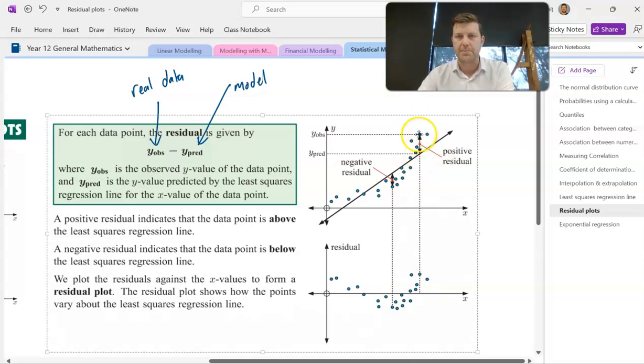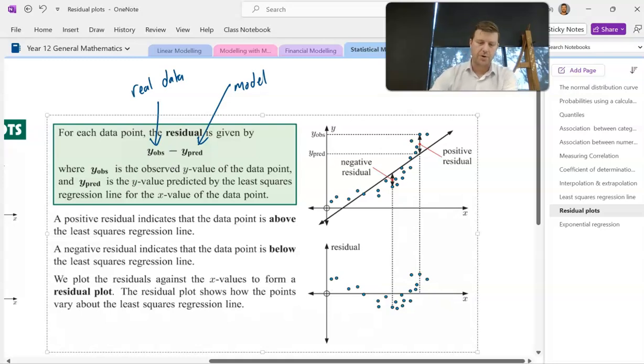And if the point is above the least squares regression line or the line of best fit, we say it's a positive residual. If that point is below that line of best fit, then we say it's a negative residual, okay? So what we'll be doing today is drawing this residual plot, something that looks like this, where basically it tells us how far these points are from the actual model, okay?